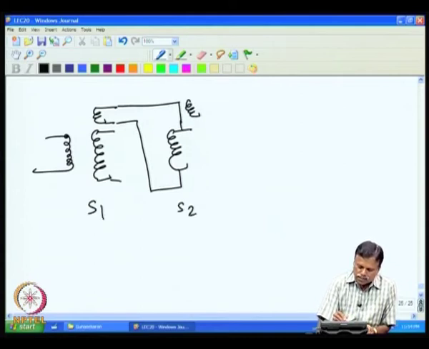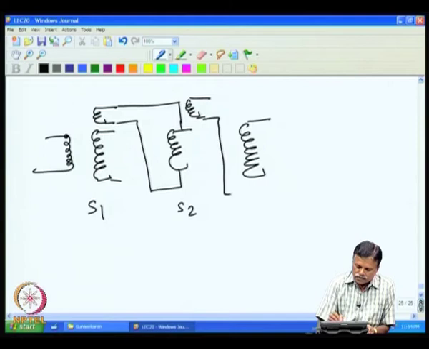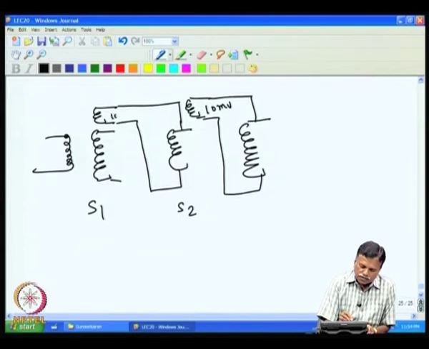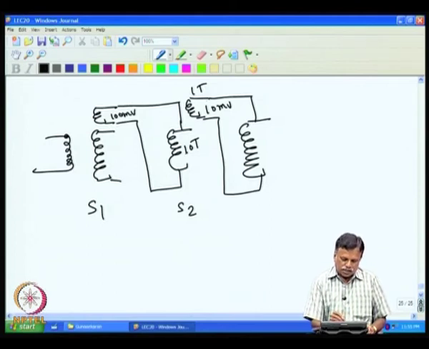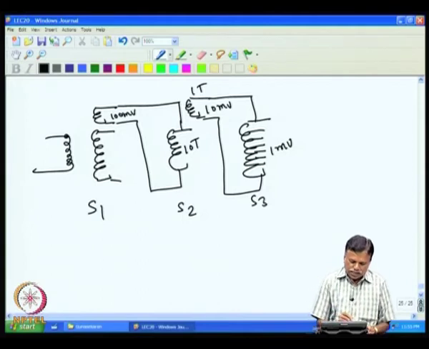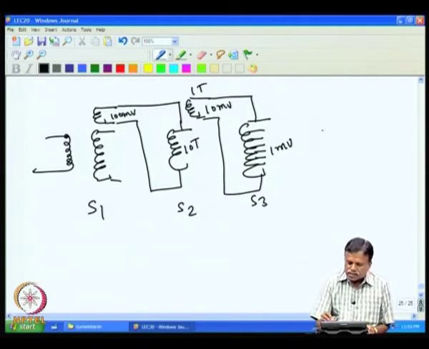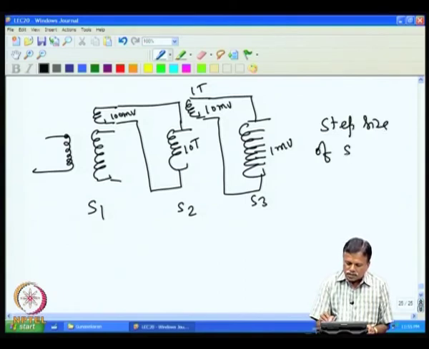Then S2 has its own auxiliary winding which energizes S3. So, this is 100 millivolt, because this has 10 tenths and this has only 110. So, 1/10 of this voltage comes here, so you get 10 millivolt, and there are 10 tenths, so each one has 1 millivolt. So, the step size of S3 is equal to 1 millivolt.